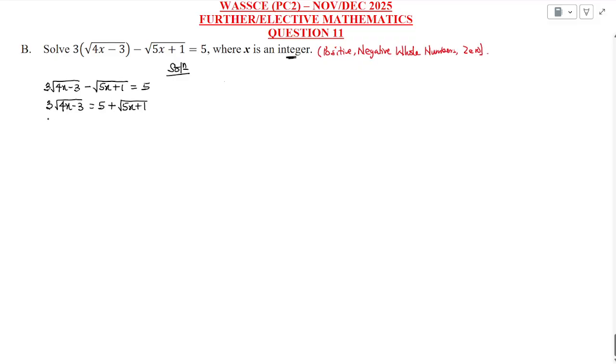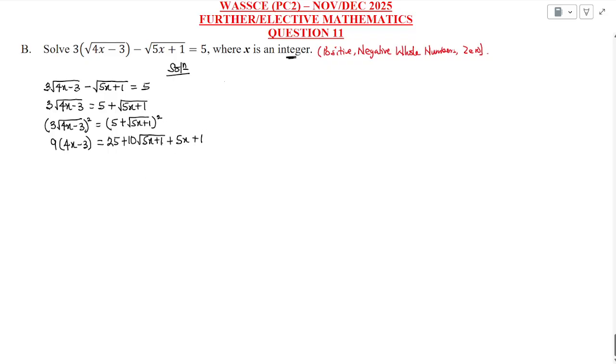so that we do away with the radical at the left-hand side. Squaring both sides, I have 4x minus 3 all squared, and this gives me 5 plus the square root of 5x plus 1 all squared. So this gives me 9 multiplying 4x minus 3 at the left-hand side. Then the right-hand side, after the simplification, gives me 25 plus 10 root 5x plus 1, and then plus 5x plus 1 again.